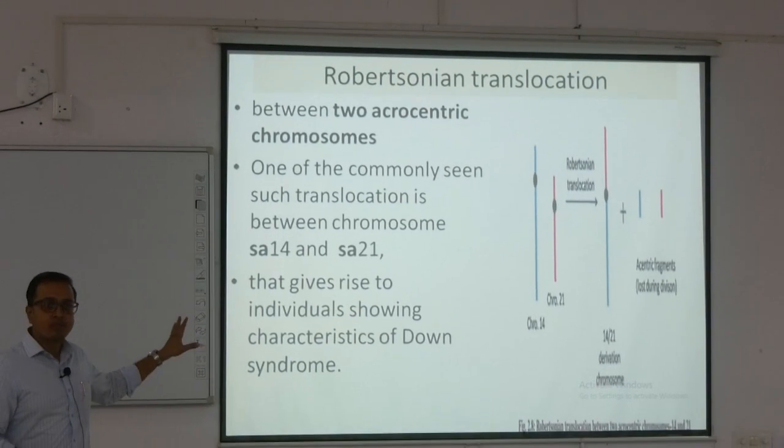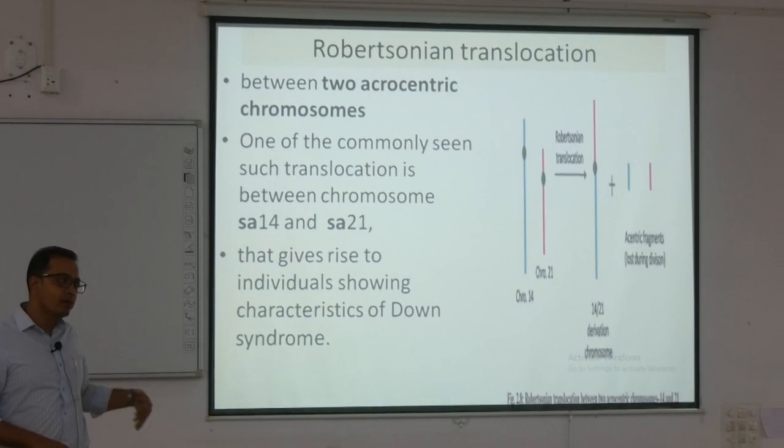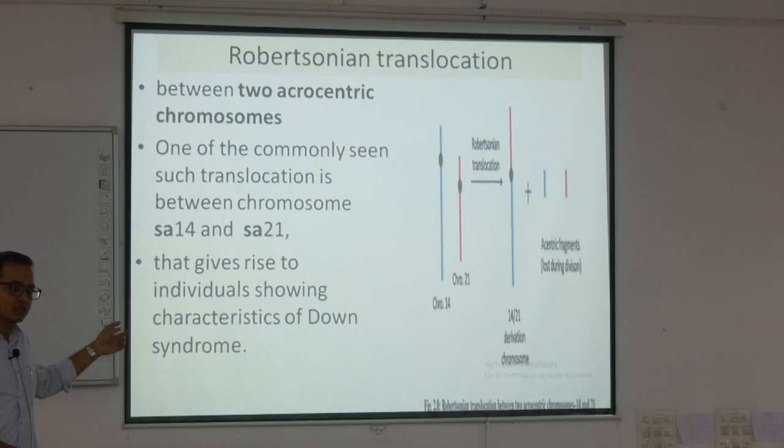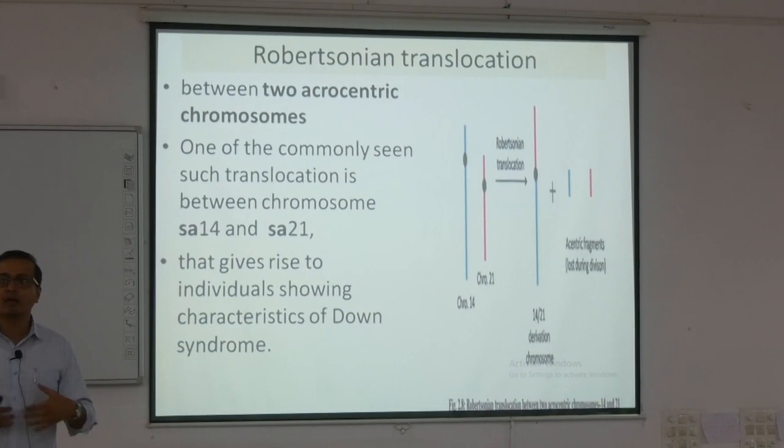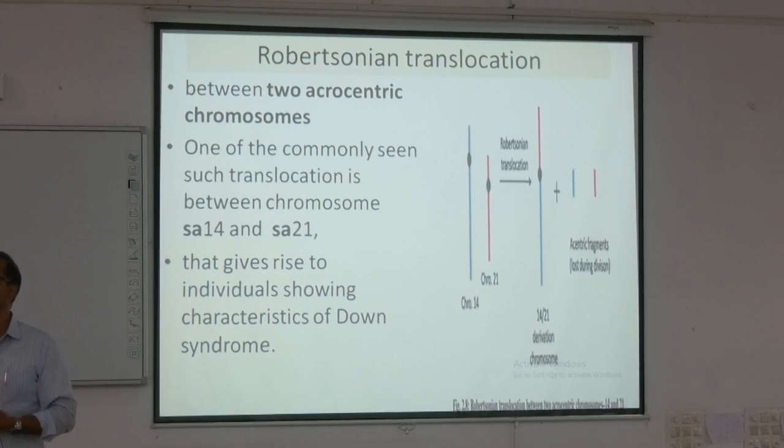Now, this kind of translocation, if an individual is suffering from it, we have examined that this person with this Robertsonian translocation developed a clinical or phenotypic resemblance of Down syndrome. So the person with Down syndrome has this particular genetic error, and this kind of genetic error can bring a phenotypic disease which is similar to Down syndrome.